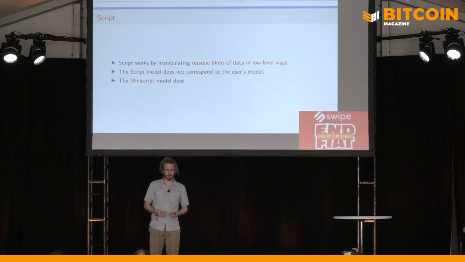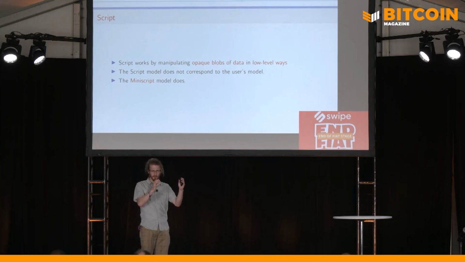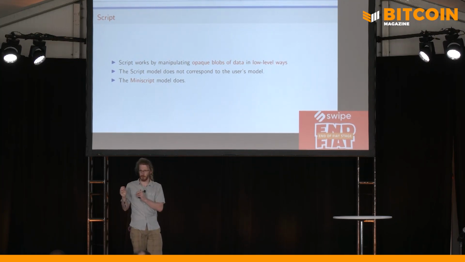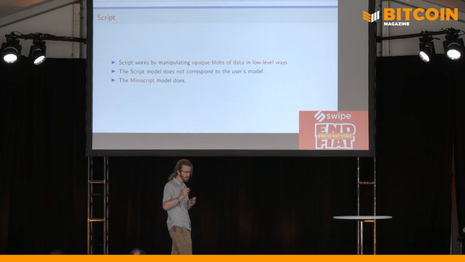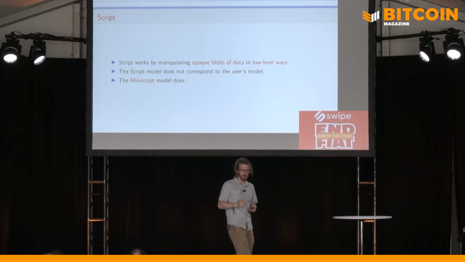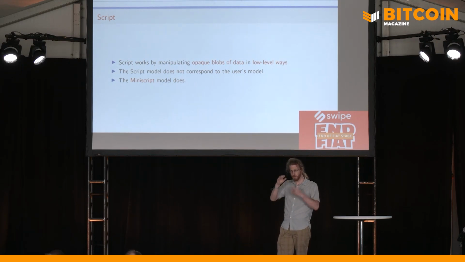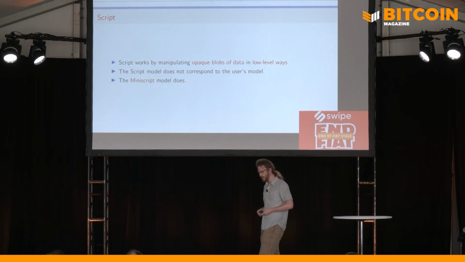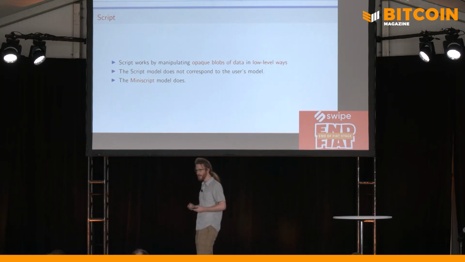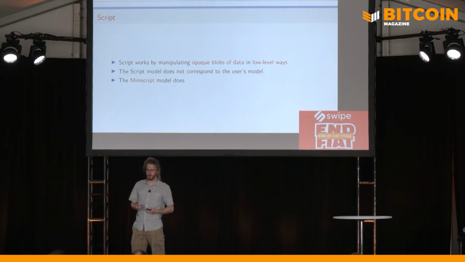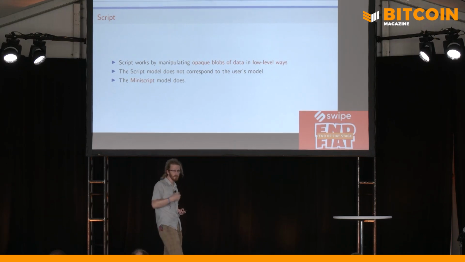What the script system is doing is it sees some blob of data, you run it through an opcode, and it's transformed in some way. And some of these opcodes check signatures, others rearrange the blobs in various ways. But the important thing is that the script model, opaque blobs of data moving through this sort of stack-based engine, does not match the user model. As a user, you think the coins should move if I sign for them.